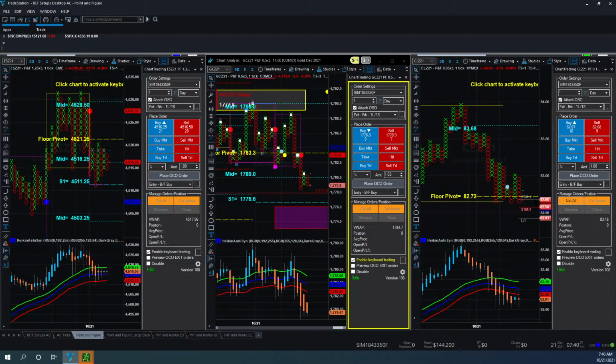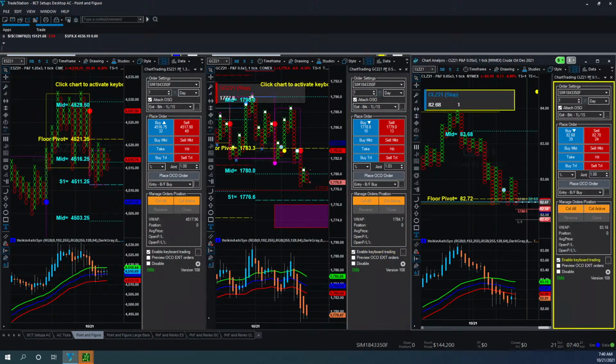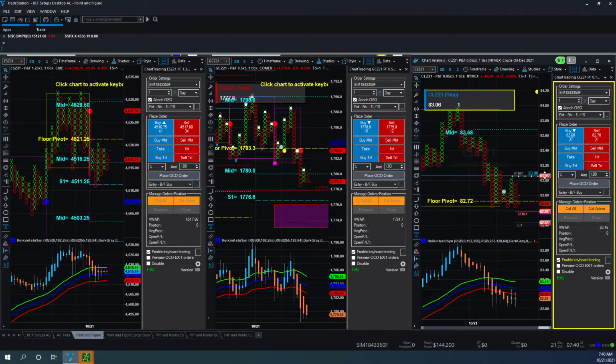Bouncing. Crude is bouncing out of this double bottom right here. It could form a triple bottom. I moved the stop a little bit to the upside.